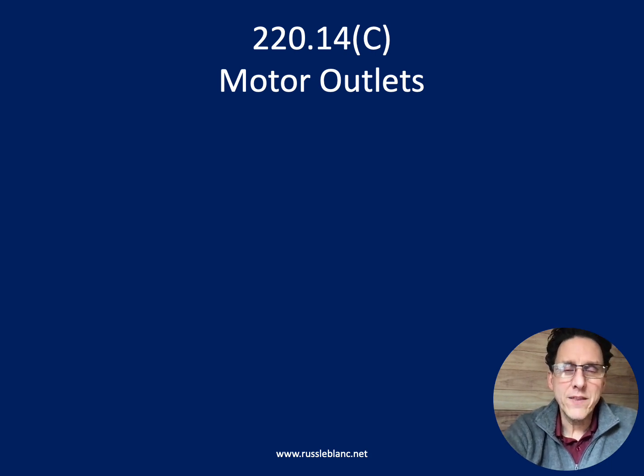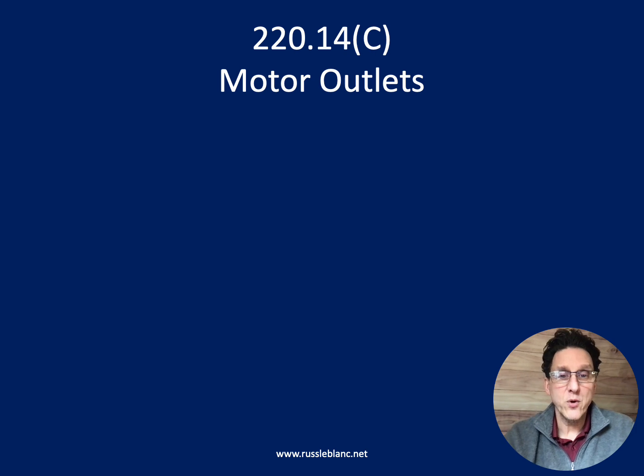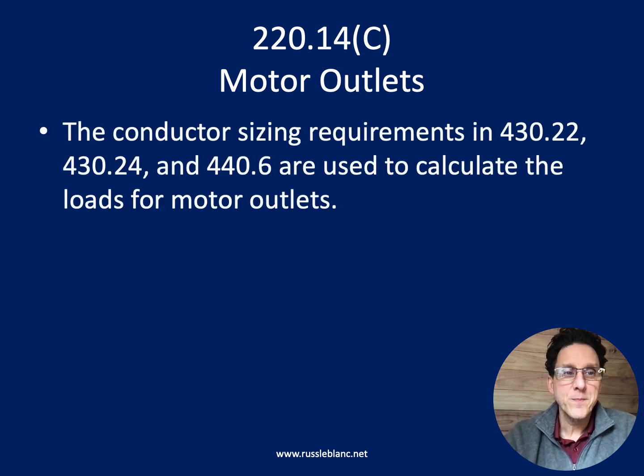Okay, again, the focus is 220.14(C), branch circuit calculations for motor outlets. In that section, it says the conductor sizing requirements in 430.22, 430.24, and 440.6, which is for air conditioning and hermetic refrigerant motor compressors, are used to calculate the loads for motor outlets.